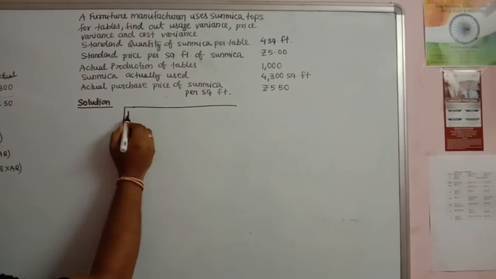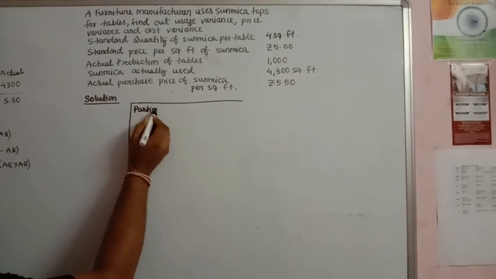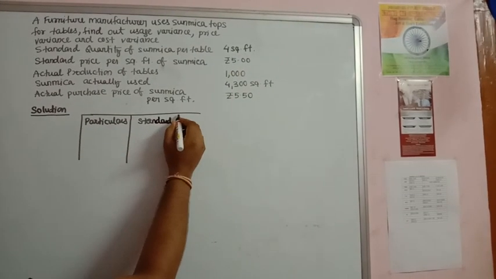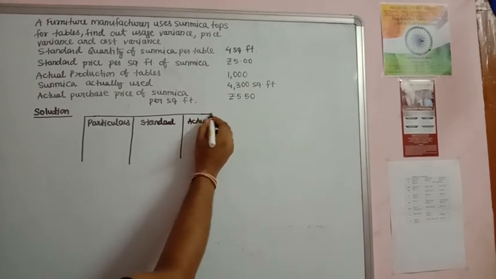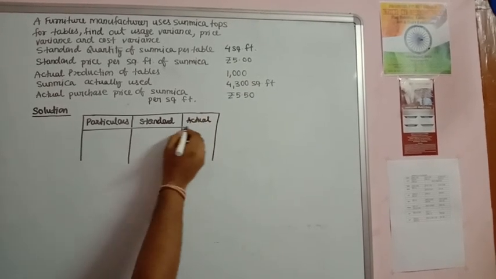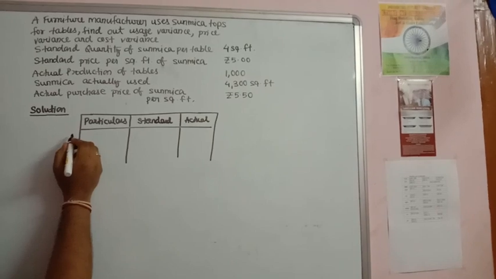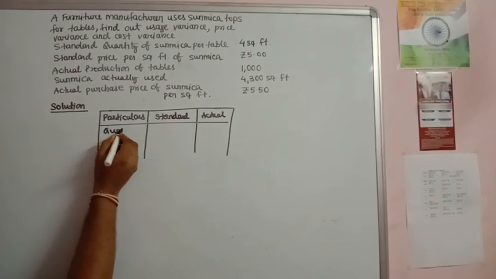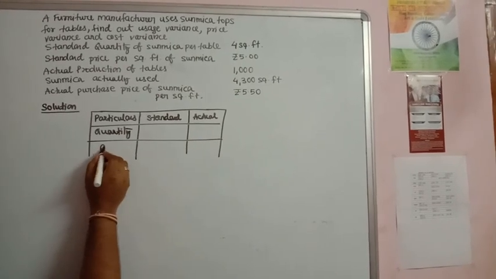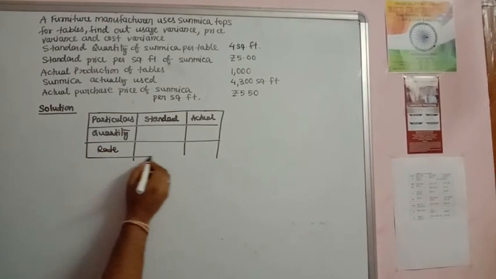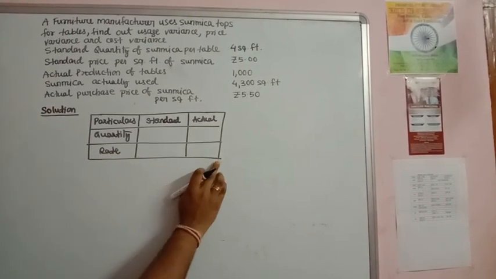We'll do it like the previous one, standard and actual. Then we'll check for the quantity and the rate.